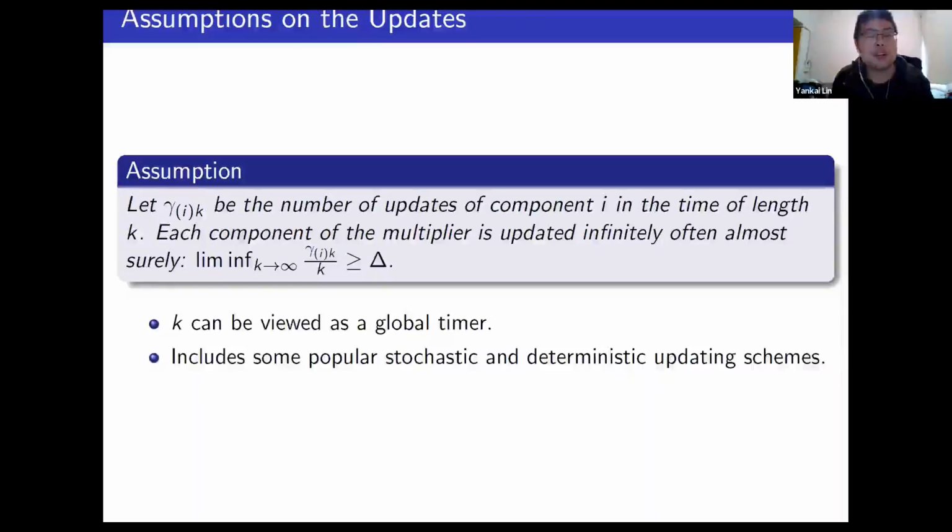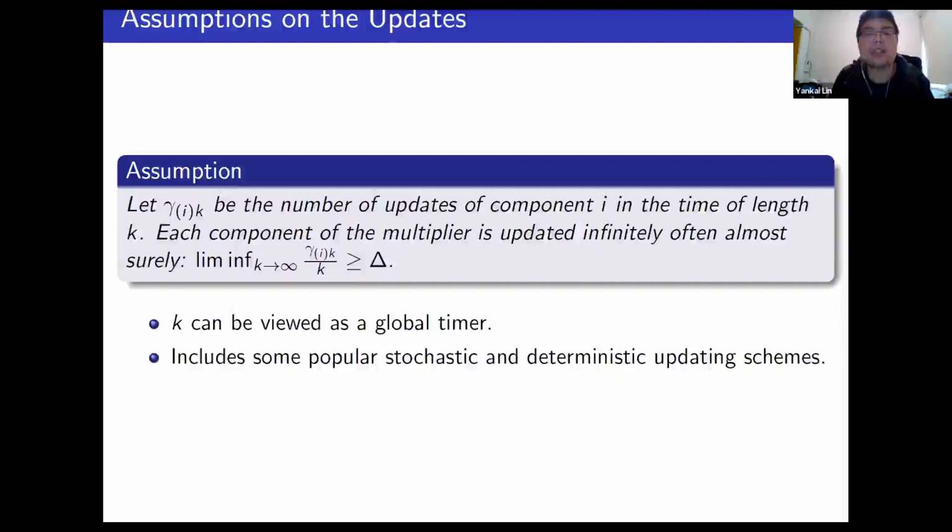The first one is about how agents talk to each other to perform dual updates on the edges. Let's first define a variable gamma ik. Let gamma ik be the number of updates of component i of the dual variable.